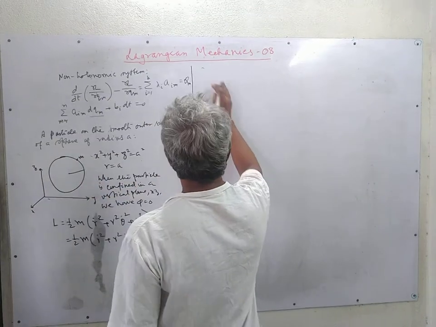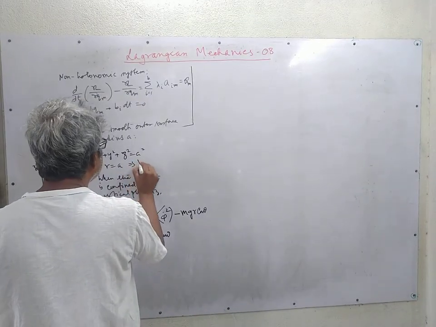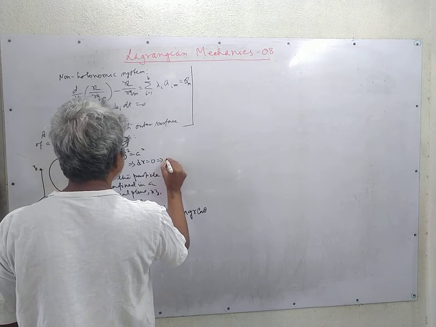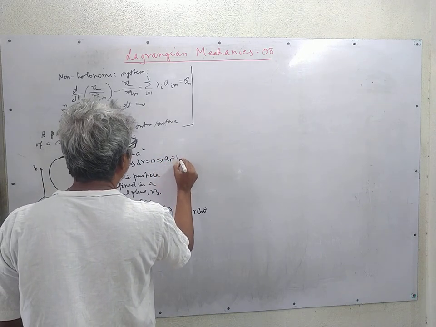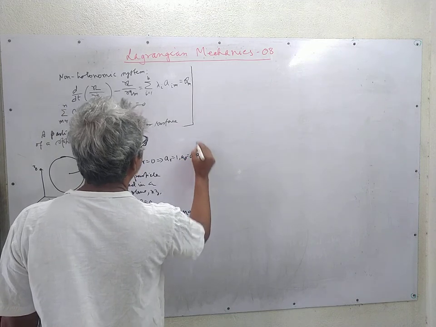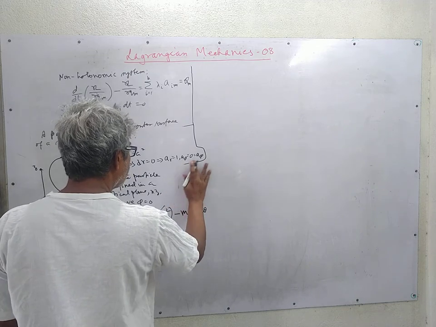The equation of constraint is r minus a equal to 0, which gives a_r equal to 1, a_theta equal to 0 equal to a_phi. This is the restriction.